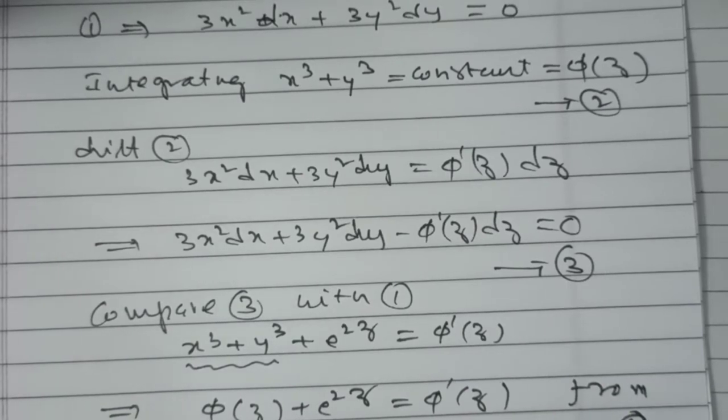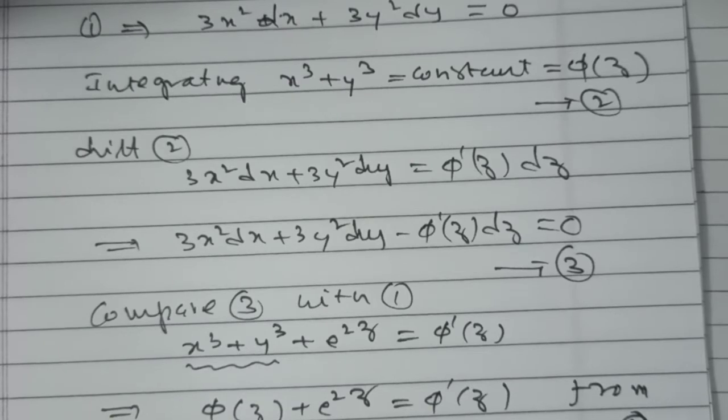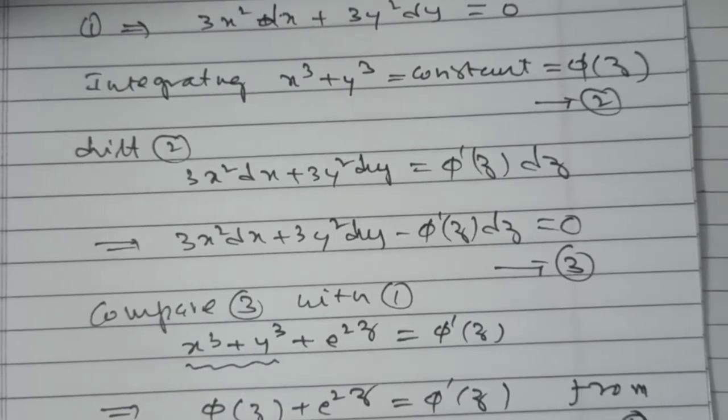This implies phi dash of z minus phi of z is equal to e power 2z. Take this equation as 4. Or d phi by dz minus phi is equal to e power 2z, which is linear in phi.